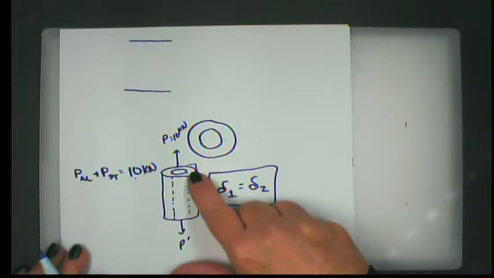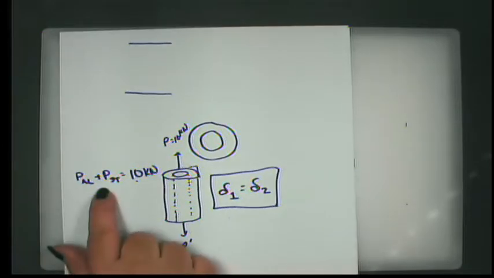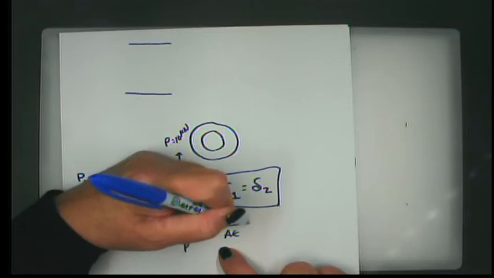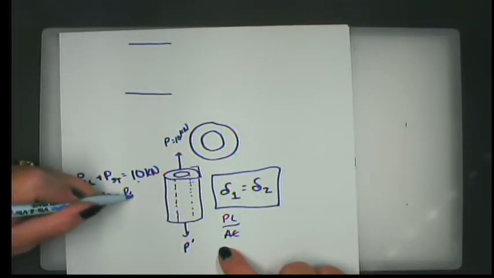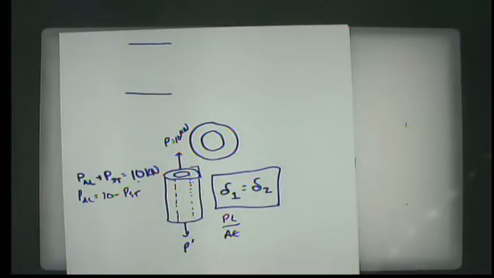In other words, it's distributed in some fashion across those two. And using this equation and this equation, which we know is PL over AE, we could say P in the aluminum, for example, is equal to 10 minus P in the steel. And then we could plug that in for the aluminum, and then we would still have one equation and one unknown. So we can solve for everything that way. You have to think about the way the load is distributed. So if you have something that's acting over in its entirety, part of it's going to be borne on the steel, part of it's going to be borne on the aluminum. Okay.